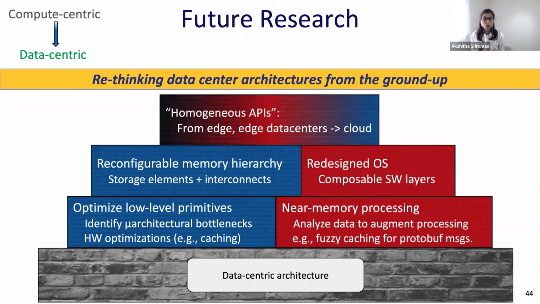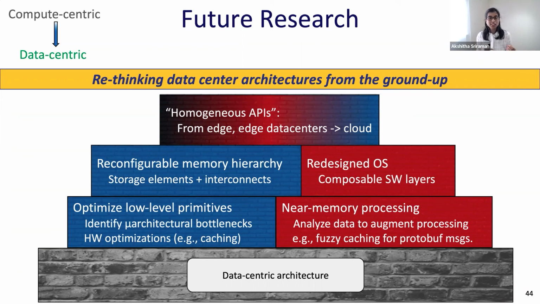So finally, we want to build upon all of these ideas to go after our final objective of building this homogeneous API all the way from the edge device to the edge data center to the backend cloud. The key insight underlying this idea is that these data transformation operations are actually present across the entire spectrum from the edge to the cloud.